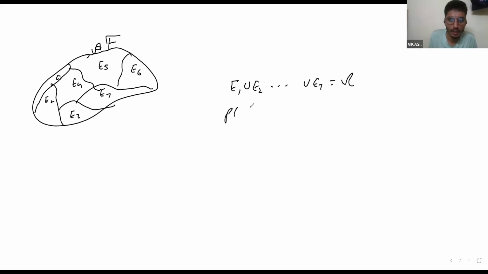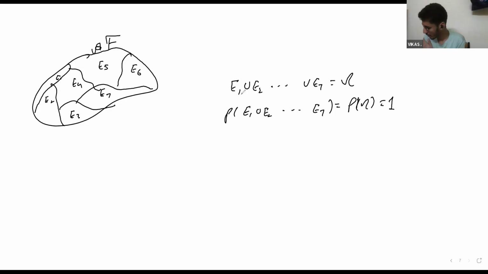If you apply the probability on both sides, then the probability of omega is equal to 1. It means that E1, E2, up to E7 are the exhaustive events.